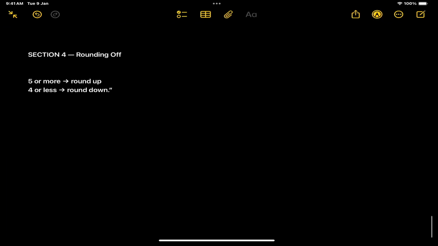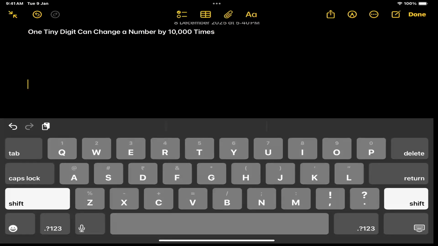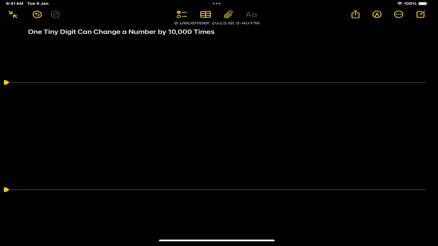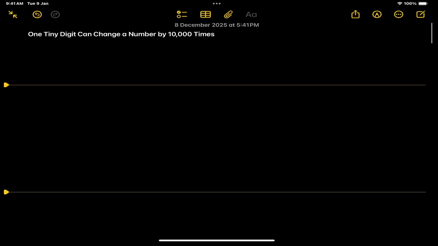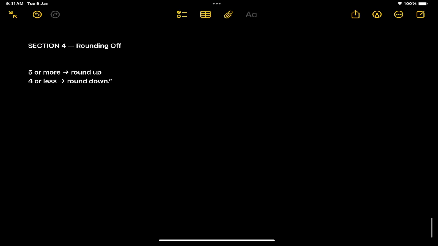Now we'll be moving towards section 4, rounding off.